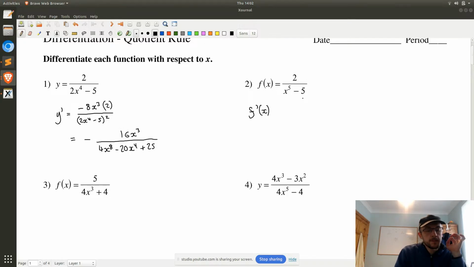So the bottom times the derivative of the top, take the top times the derivative of the bottom. That's quite musical. I'll do it one more time. The bottom times the derivative of the top, take the top times the derivative of the bottom. Takes too long to say, but it's catchy. And then that's the music, but then you have to feel it.